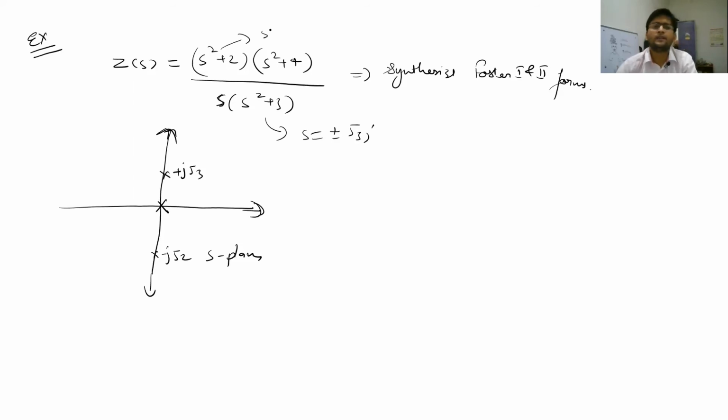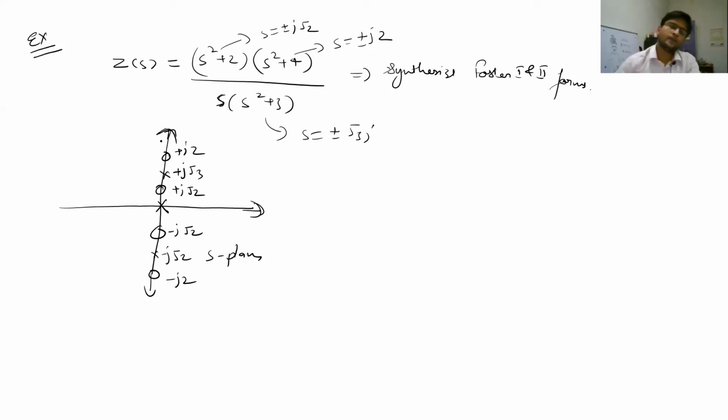It will definitely be s equal to plus minus j under root 2. Under root 2 is less than under root 3. So we are going to get our zero at plus j under root 2, and similarly minus j under root 2. And where are we going to get our second zeros? This is going to give us plus minus j2. So 2 is greater than root 3. So we will get plus j2, and here again minus j2.